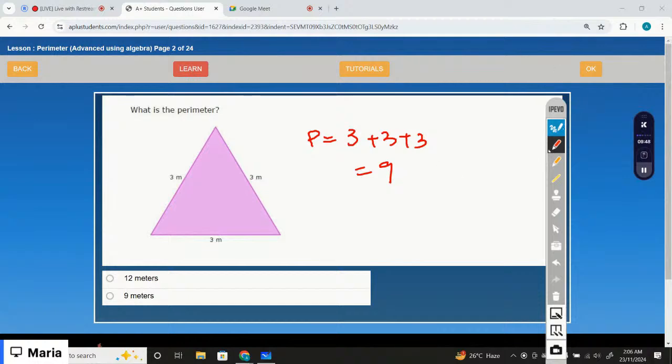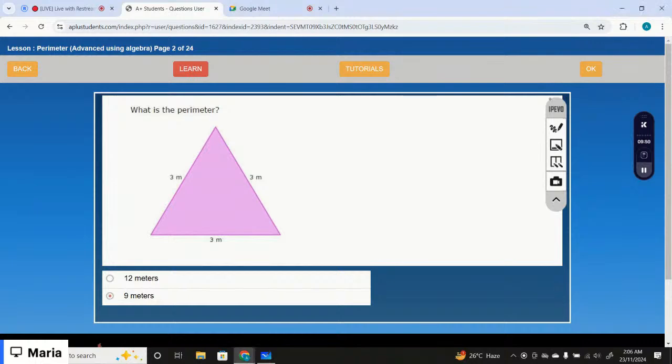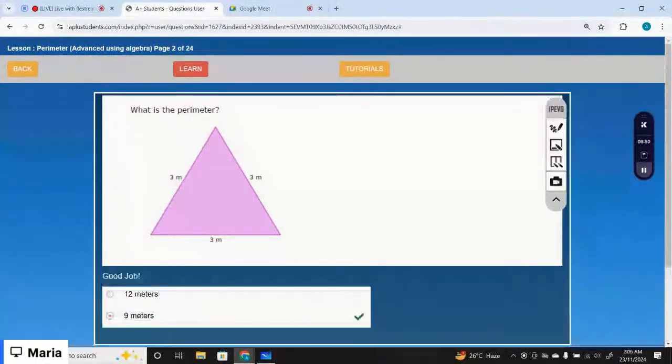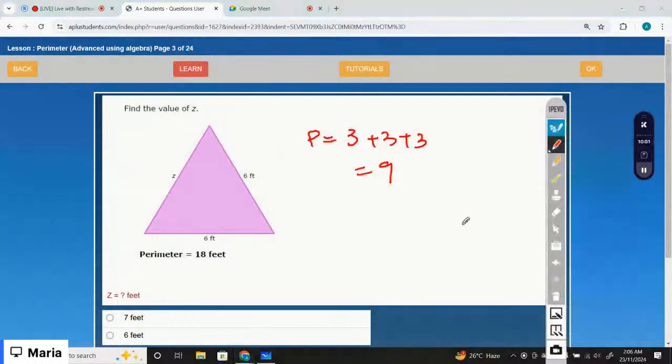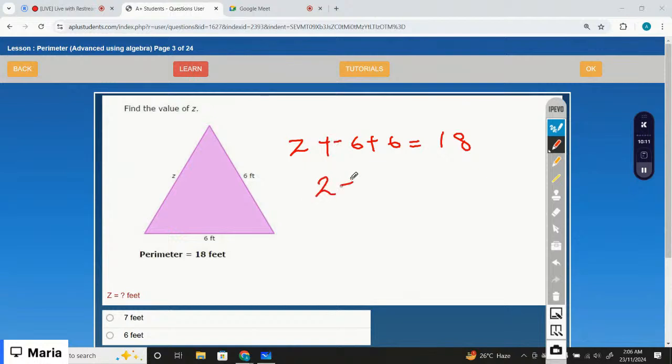Okay, so let's just move on to the next one. What is the value of z? You are given the perimeter equals 18 feet, right? So the perimeter is z plus 6 plus 6 and the sum equals 18, right? So that is z plus 12 equals 18. Move 12 to the other side.